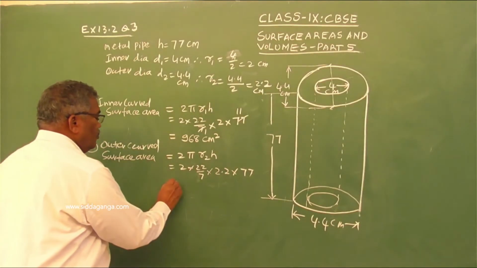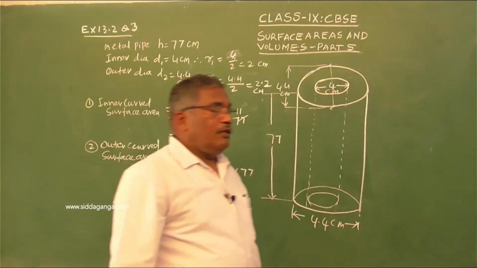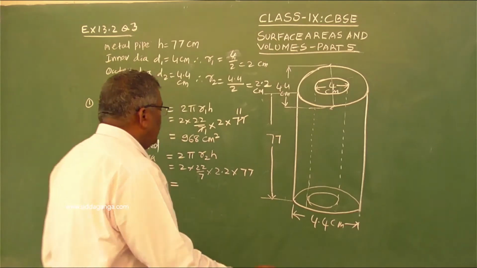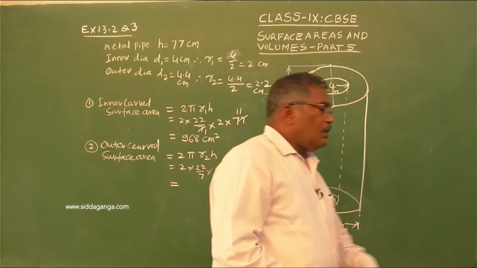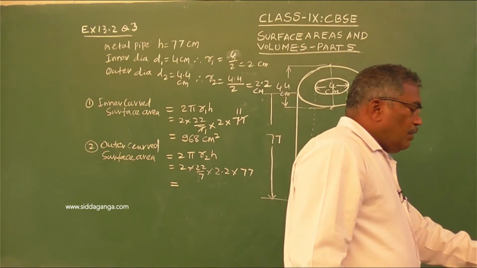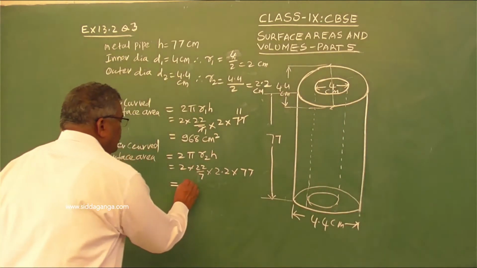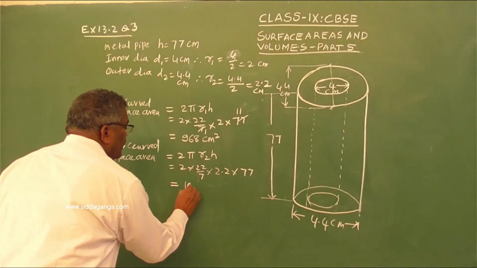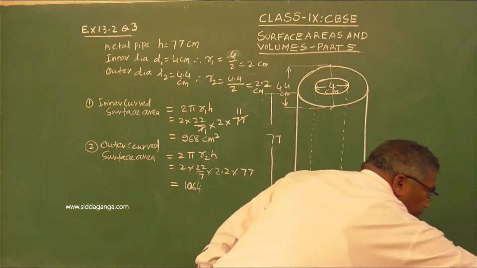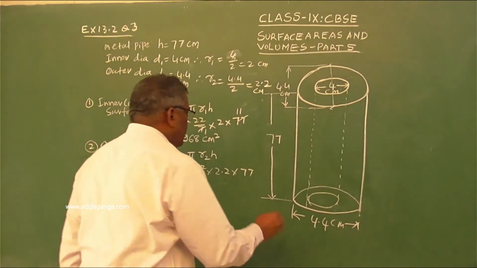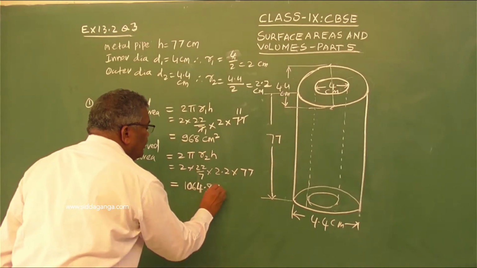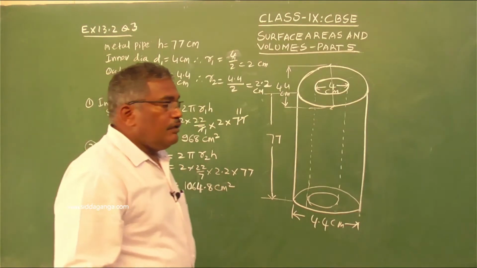You calculate this, so you will get 1064.8 centimeter square. So this is the outer surface area.